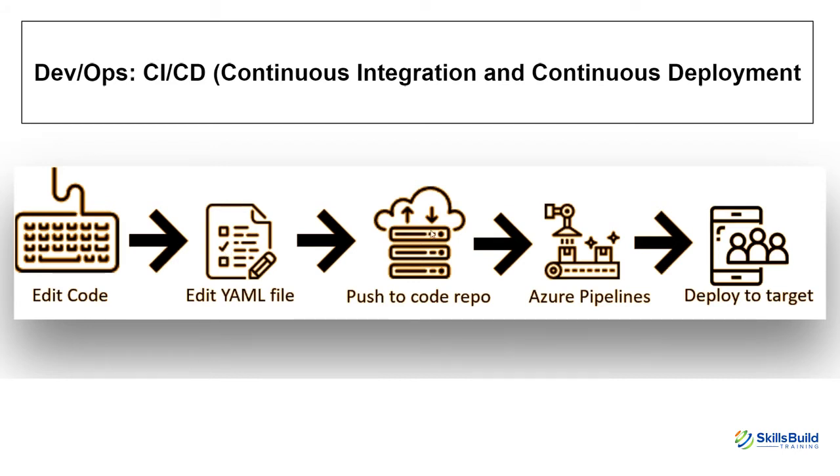Now, here is one of the most important parts of DevOps, which is the code repository. So what happens is the programmer can be working anywhere in the world, especially in today's world. We all tend to work remote. So you can edit your code while you're sipping your iced tea on a beach. And then you're going to do what's called pushing the code to your repo, your repository.